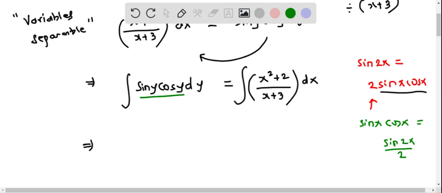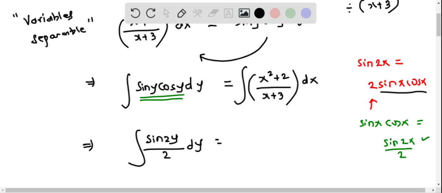Here we have the same identity in the same form, only the variable is different. So we can replace sine y cos y with sine of 2y over 2. I can write this as the integral of sine 2y over 2 dy equals the integral of (x squared plus 2) over (x plus 3) dx.